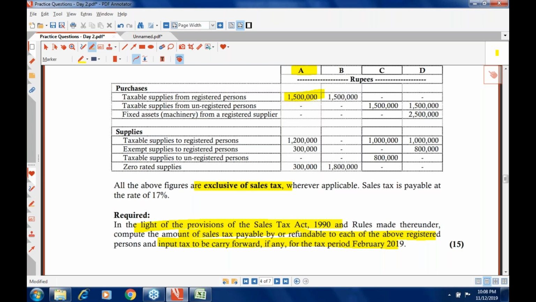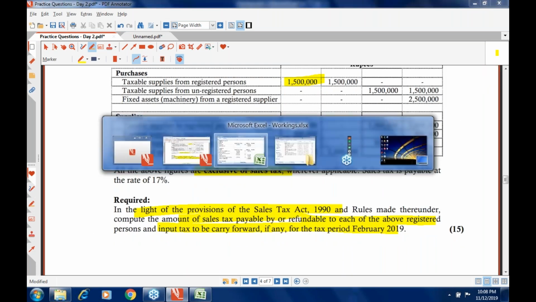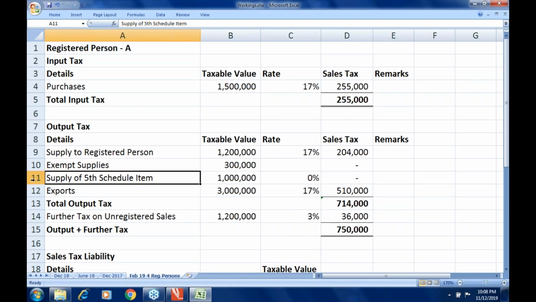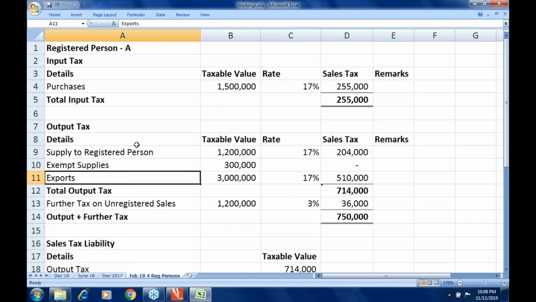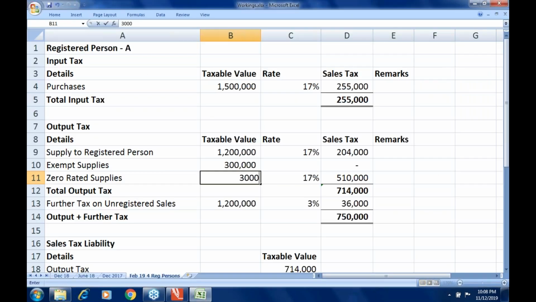Then it says taxable supplies to unregistered person. And then lastly, zero rated supplies. So it's about zero rated supplies, and how much is that? It's 300,000. So ultimately 255,000 is the total output tax.